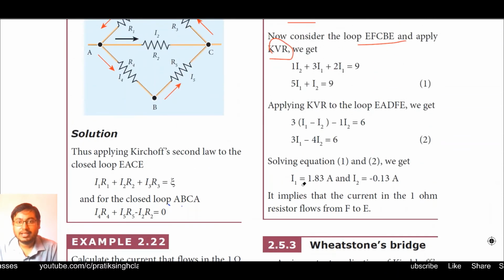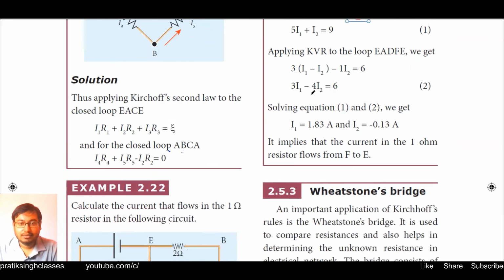Fine. So we will have 1 into I2 plus 3I1 plus 2I1 is equal to 9. According to Kirchhoff voltage rule, we have I into R is equal to V. That is for total voltage or EMF by the battery, that is 9 volts here.